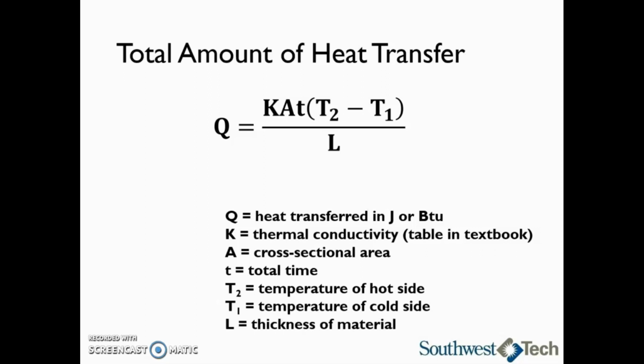The really tricky thing about this equation is making sure you have correct units for all of your values. Depending on if you use the English or metric units for thermal conductivity, this will dictate what all of your other units need to be.